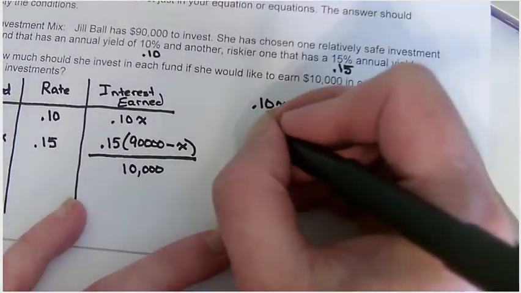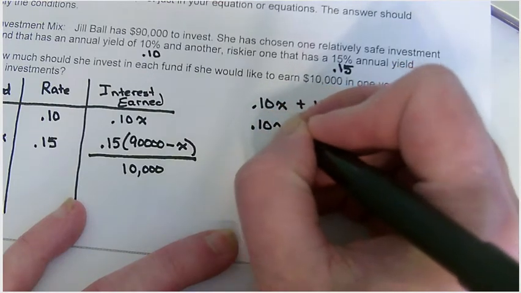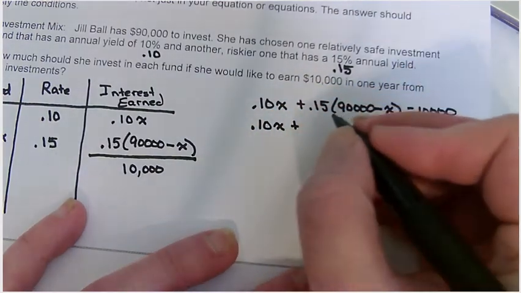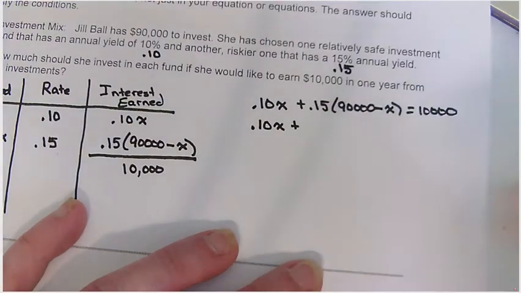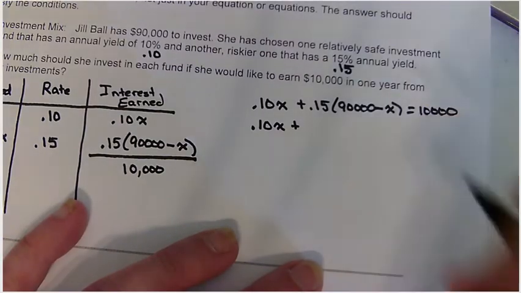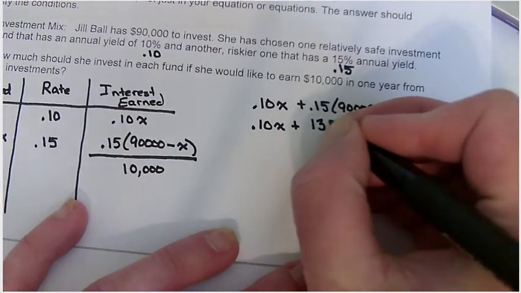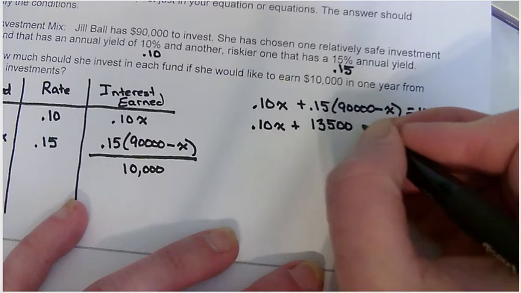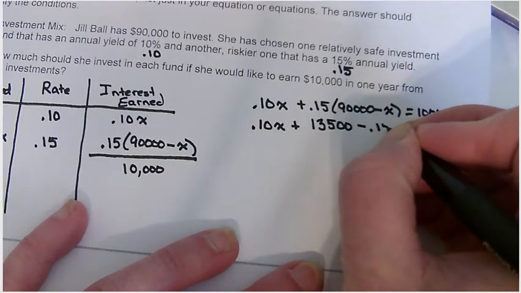Now we'll distribute. 0.15 times 90,000 is 13,500 minus 0.15x.